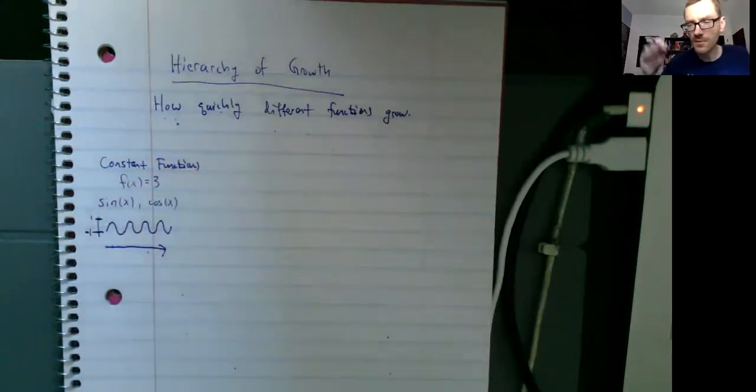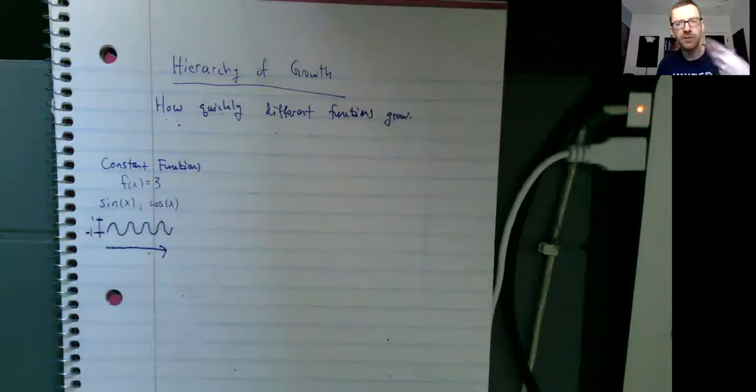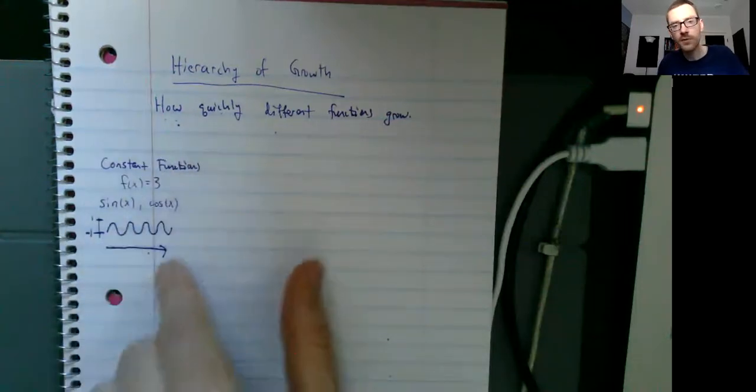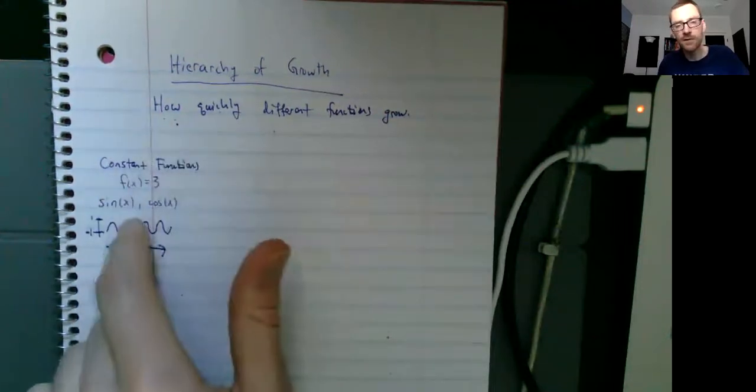They just kind of bounce between +1 and -1. So as x gets bigger and bigger, these functions don't actually grow. They just kind of bounce a little bit. So that's why I place sine and cosine along with the constant functions in the slowest growing category. Okay, so this is the slowest growing category of functions, constant functions and also sine and cosine.